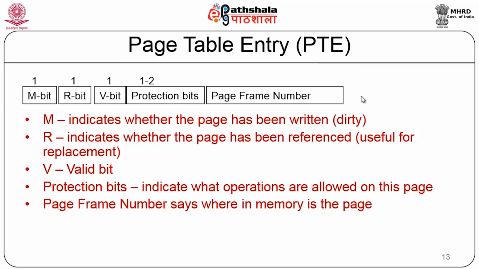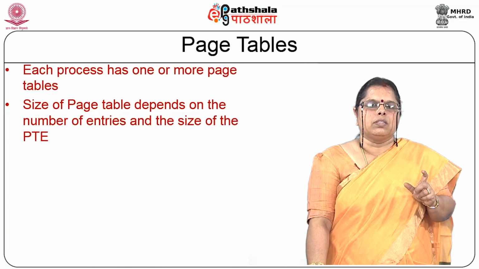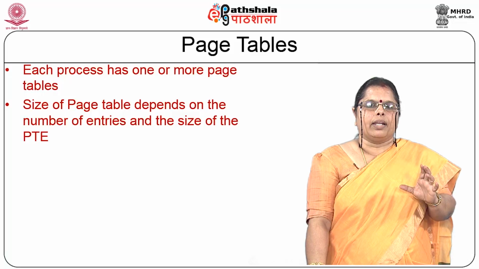What type of access can you have on that page, whether it is read and write access, read only access, or execute only access. And then of course, you have the page frame number which gives you the physical address of the page that you are looking for.